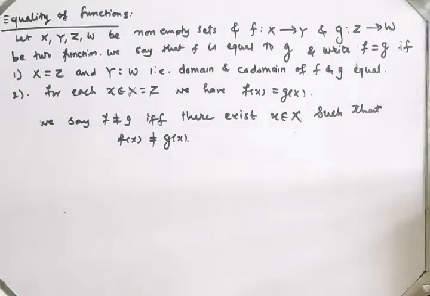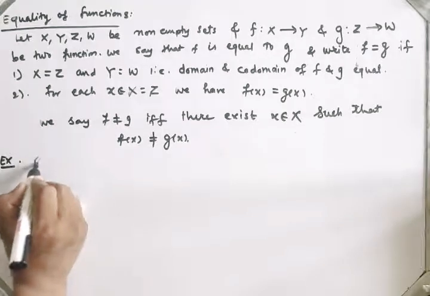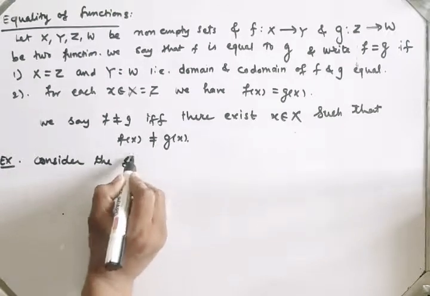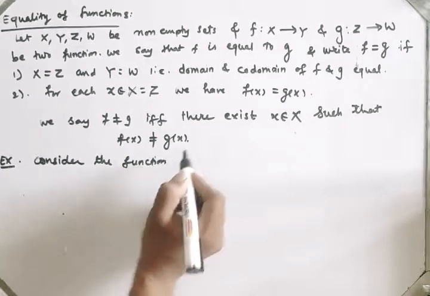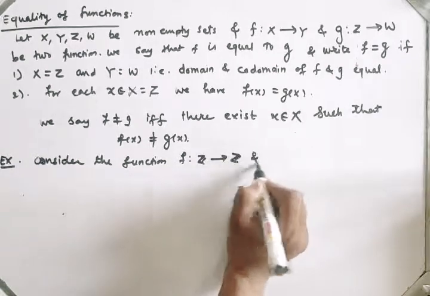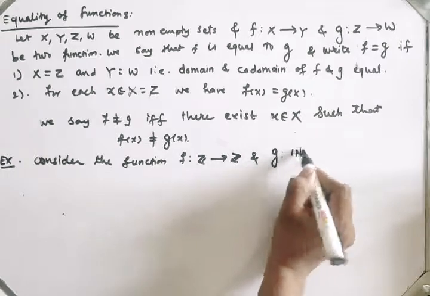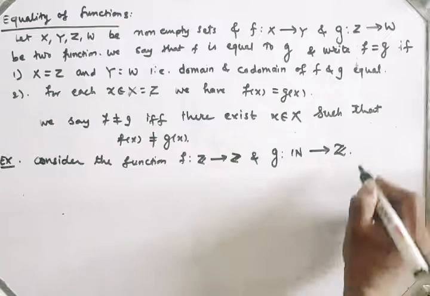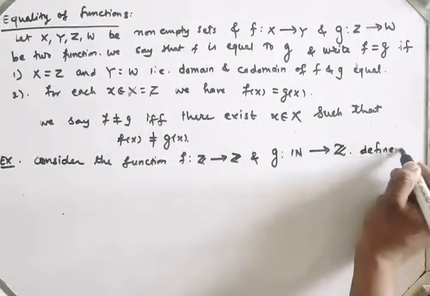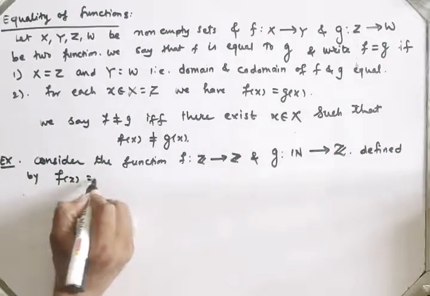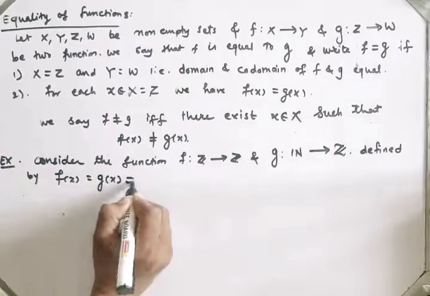So for example, we will see, consider the function f from Z to Z and g from natural numbers to the set of integers defined by f of x is equal to g of x is equal to x square.